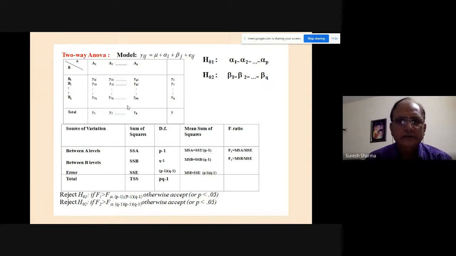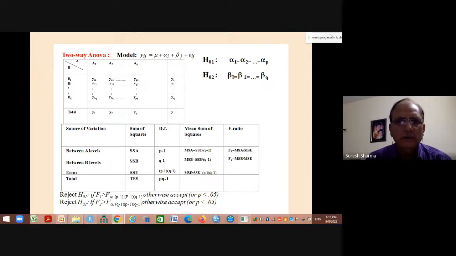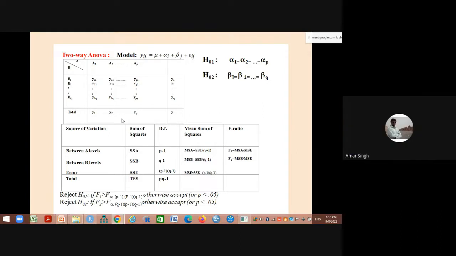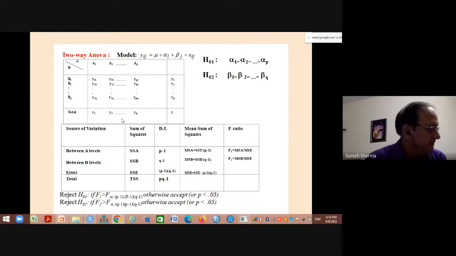Can you see this slide now? Is it visible? Yes, sir. Just think like this: there are plots of land or a field, and I am using, let's say, 4 different types of seeds: seed number 1, seed number 2, seed number 3, seed number 4, and 3 different types of fertilizers, F1, F2, F3.